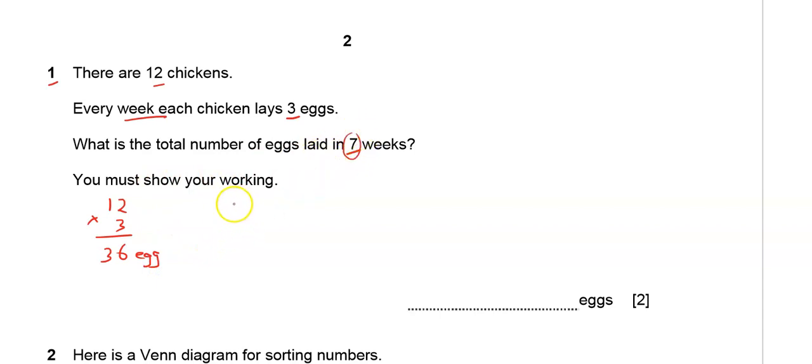So in 7 weeks, how many eggs will be laid? 7 times 6 is 42, carry 4. 7 times 3 is 21, 21 plus 4 gives us 25. So 252 eggs are laid in 7 weeks.